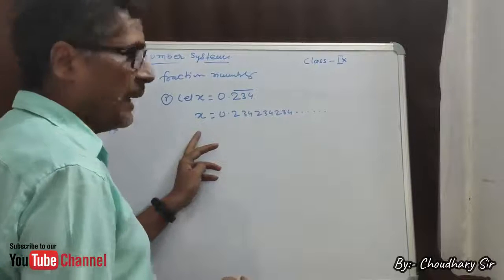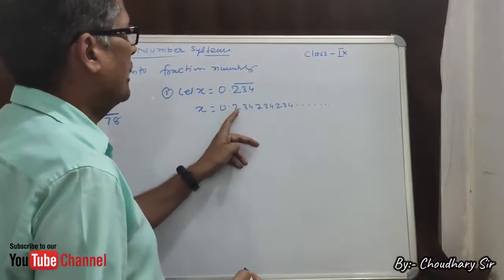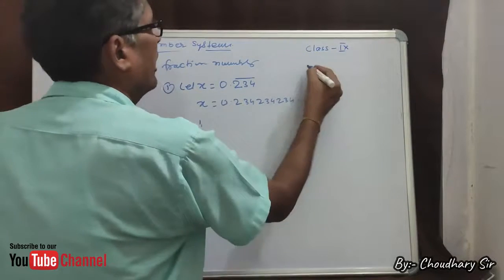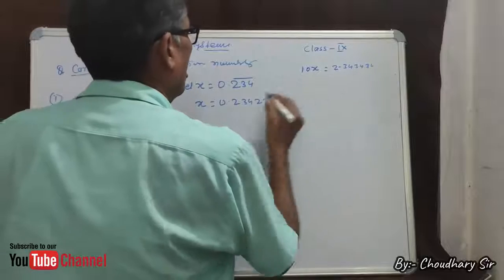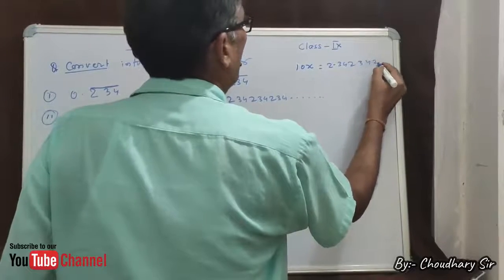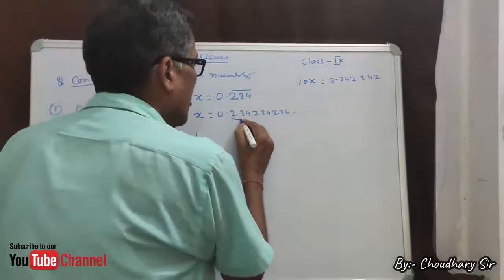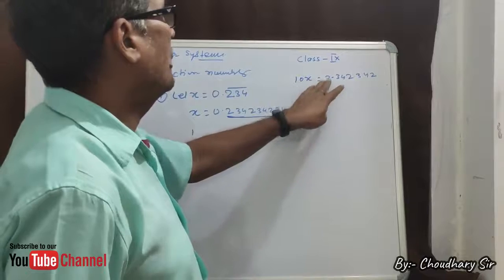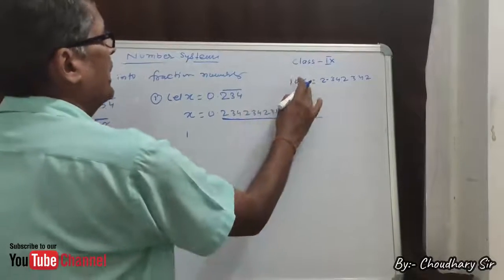If you multiply x by 10, what will you get? 2.34, but it should start again with 234. Multiplying by 10x gives 2.34342, so the same order of digits is not occupied after the decimal. So we cannot multiply by 10.